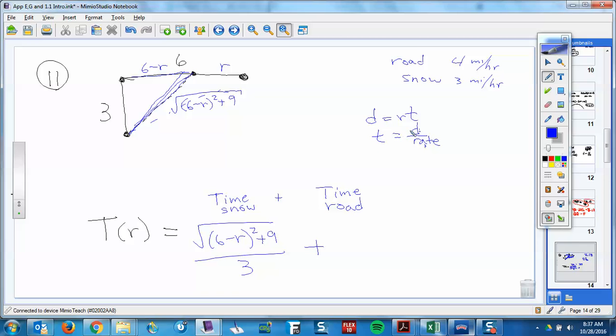Plus his distance on the road, which is R, over, there you go, you're done. But imagine how you had to think through that. You had to think of your possibilities, you had to label it, they told you what R was, but you have to get some expressions for that, then you have to think what is time? Time is distance divided by rate. They gave you the rate, your picture shows the distance, you put it together and there you go. And you got a time equation.